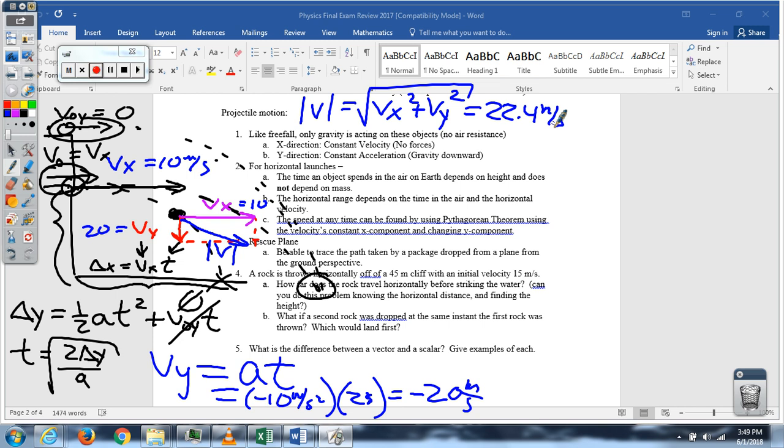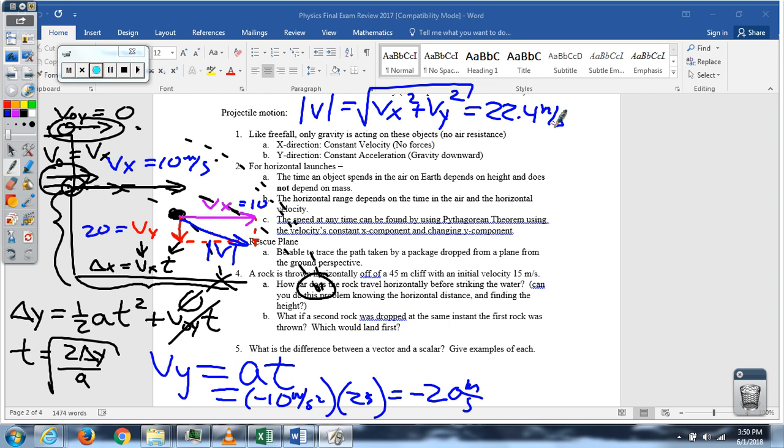And now vertically, as it maintains that same Vx, it also has gained 20 meters per second of speed downward. And so if we combine Vx and Vy using the Pythagorean theorem, then you get 22.4, and that's going to be related to the actual speed that you would see on a speedometer that the object was carrying with it through the air.